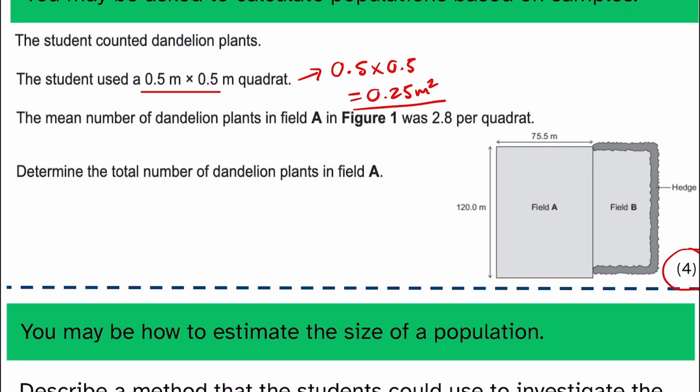The mean number of dandelions in the quadrat is 2.8, so we don't need to calculate a mean or anything, that's given to us. So all we need to do is use that formula.